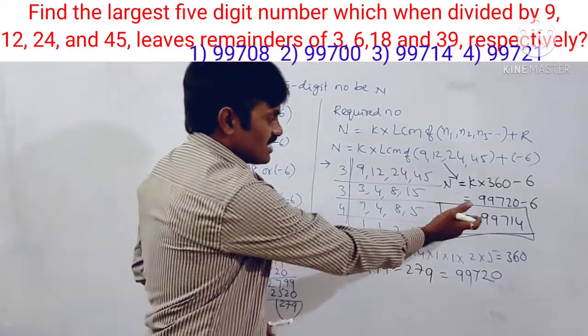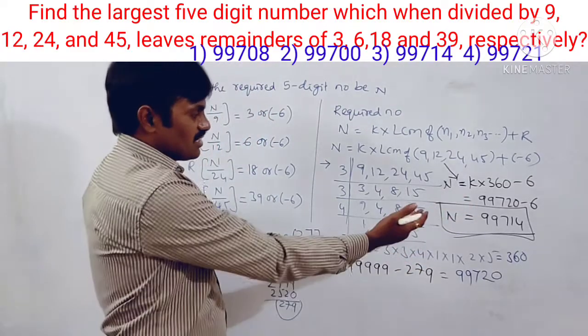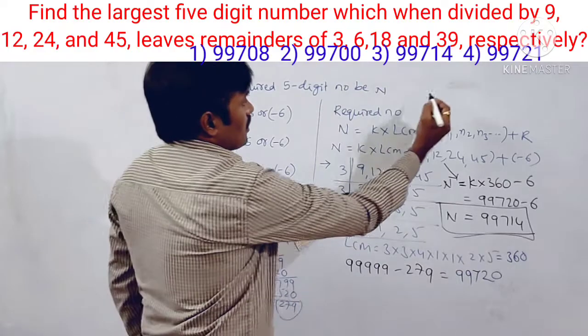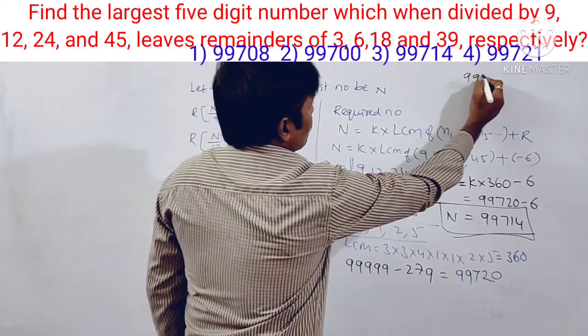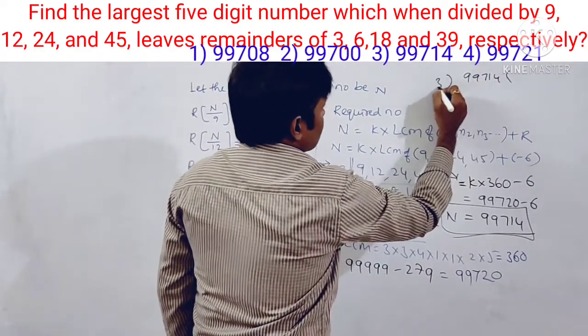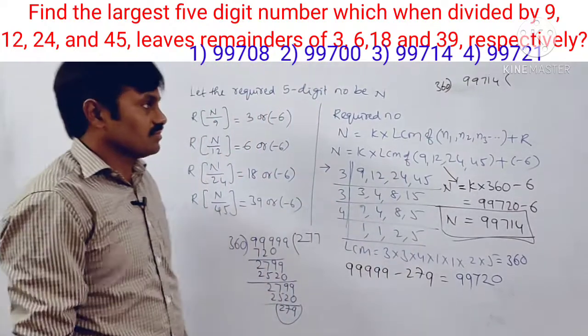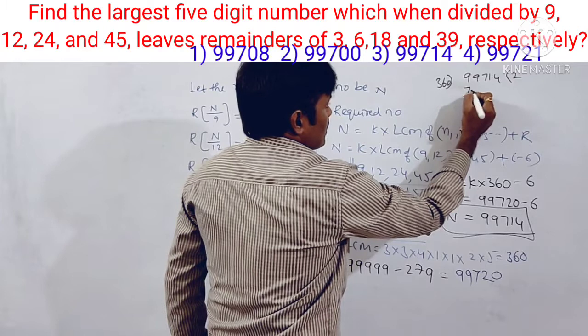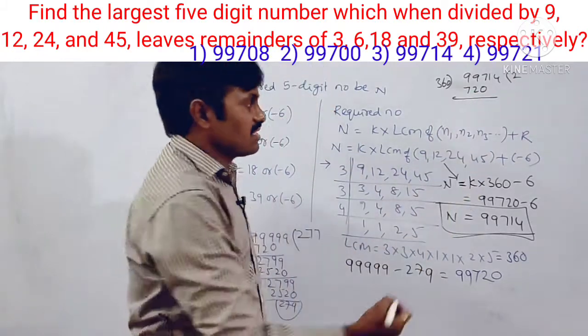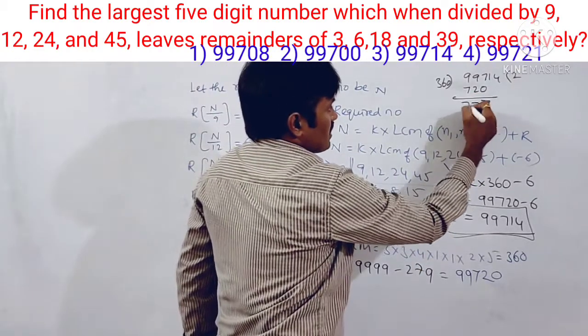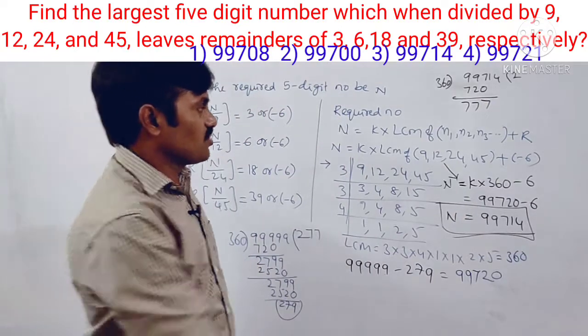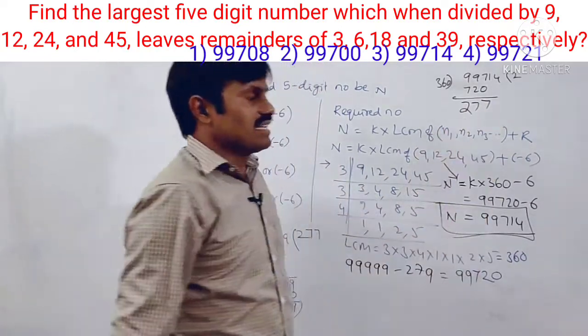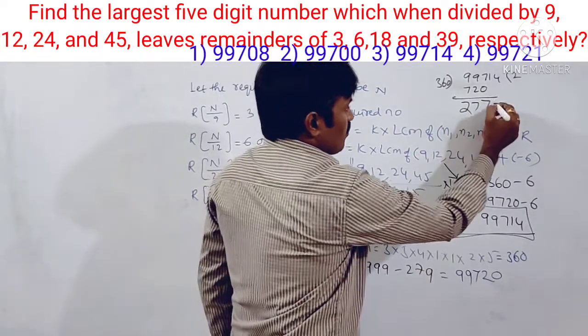Now let us check this option itself. Divide 99,714 by 360. It is 2 times, so the answer is 720. The difference is 277. Next, bring down 1.